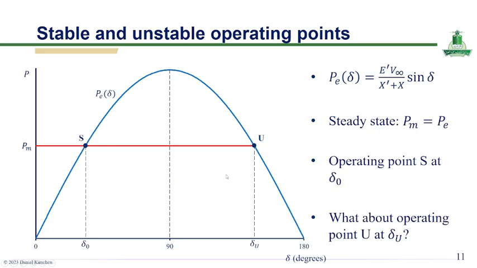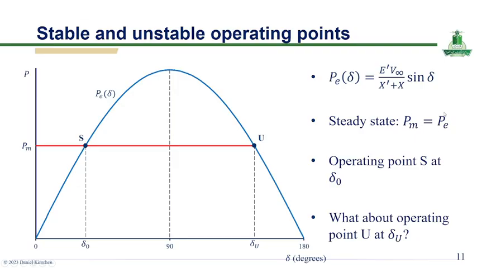Okay, this slide explains the stable and unstable operating points in the one machine infinite bus model using the power angle curve. The electrical power follows a sinusoidal relationship by using this equation. At steady state, the mechanical input power equals the electrical output power.